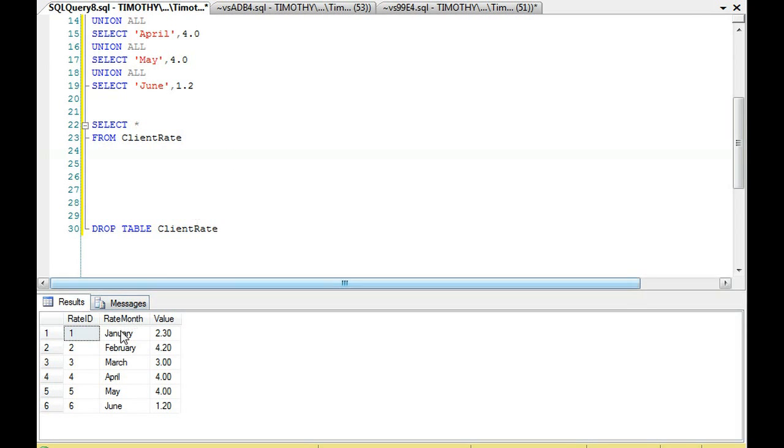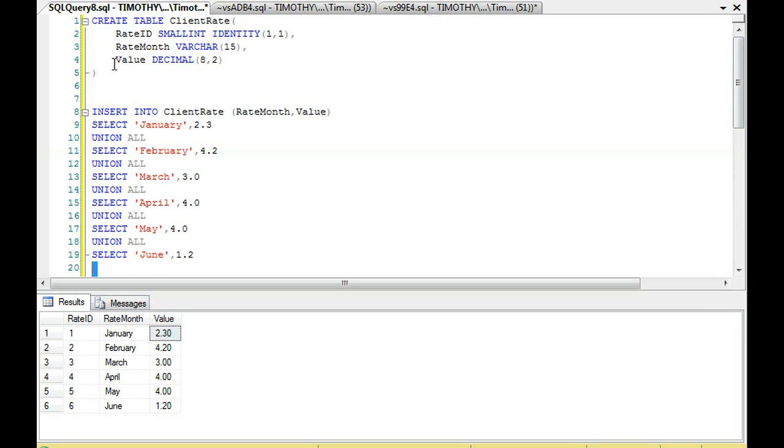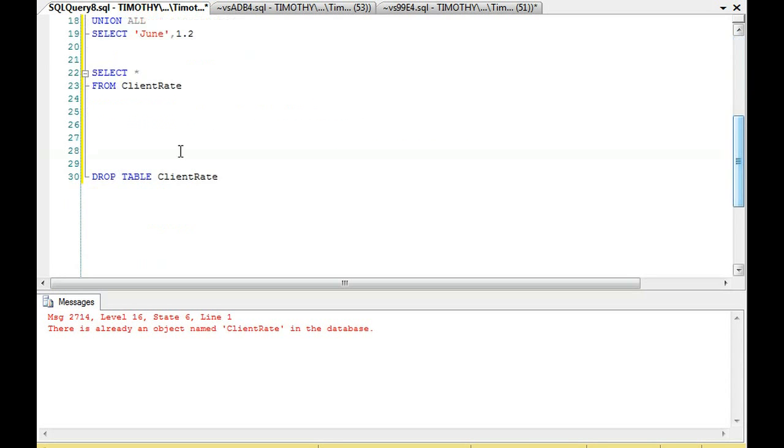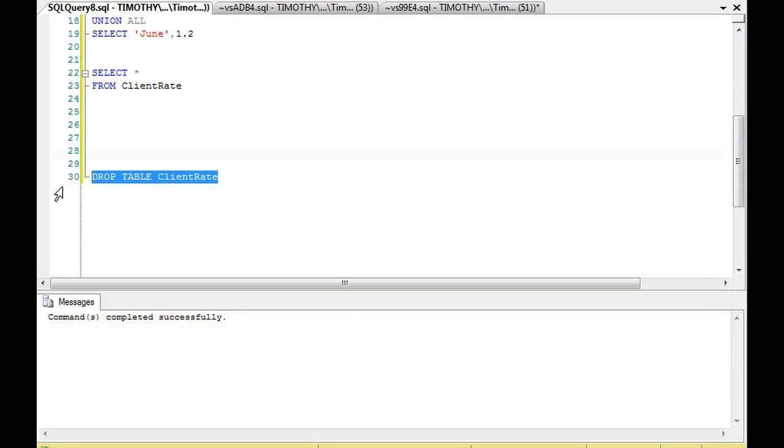So that's our value. Here's our rate ID, here's our rate month, and there's our CPI value.